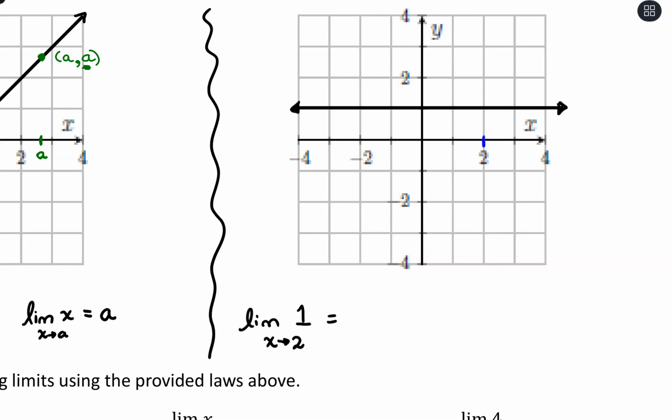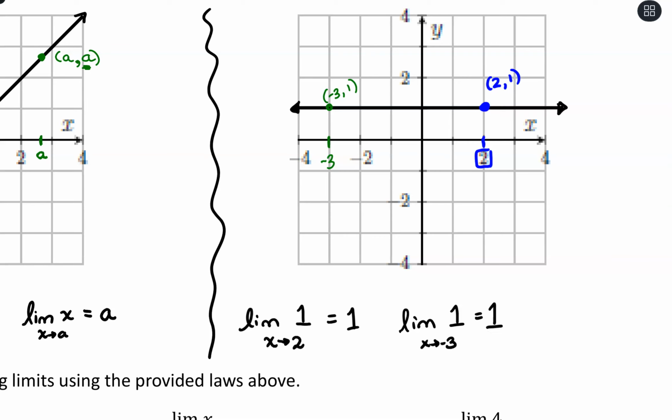I go to where x is equal to 2, and that y coordinate, so I have 2, 1, so my limit would just be equal to 1. Let's say I did the limit as x approaches -3, where y is equal to 1. I'm out here at -3, my coordinate, -3, 1. So my limit would just be that y coordinate of 1.